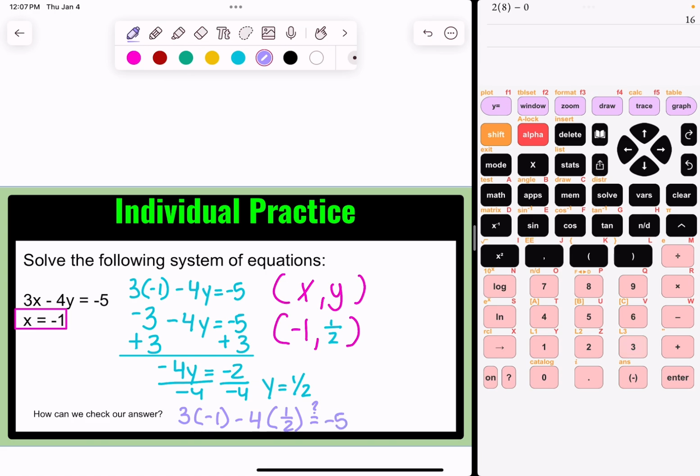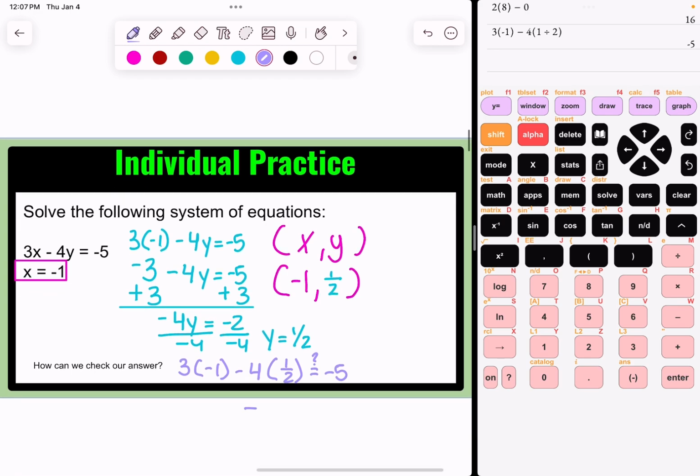Let's see. 3 times negative 1 is negative 3 minus 4 times 1/2. And that would give us negative 5, which is equal to negative 5. So we have the correct answer. This is our final answer. We were already told that x equals negative 1, and we were able to find that y equals 1/2. All right, good job. Let's look at the next question.